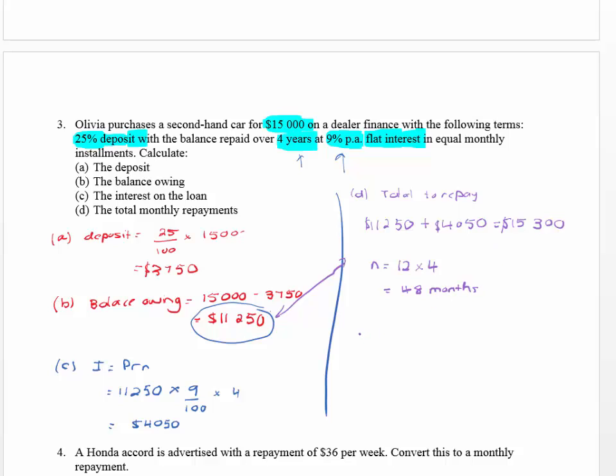So if we think about it, I've got 15,300, and I'm going to divide this by 48, and this will give me my monthly repayments. Now if we think about this in terms of real world, we're not going to have any problems with this. So if I do that, what I end up with is an answer of $318.75 that I have to pay back every single month.